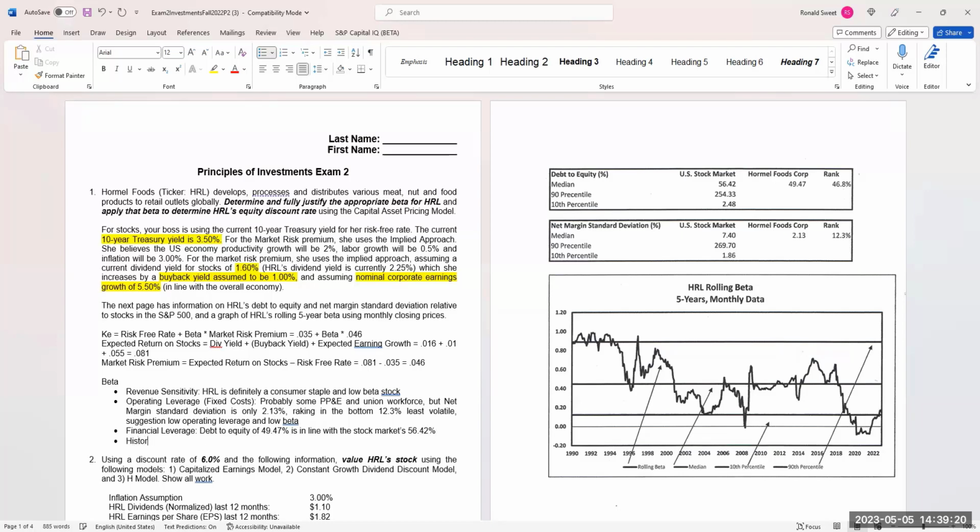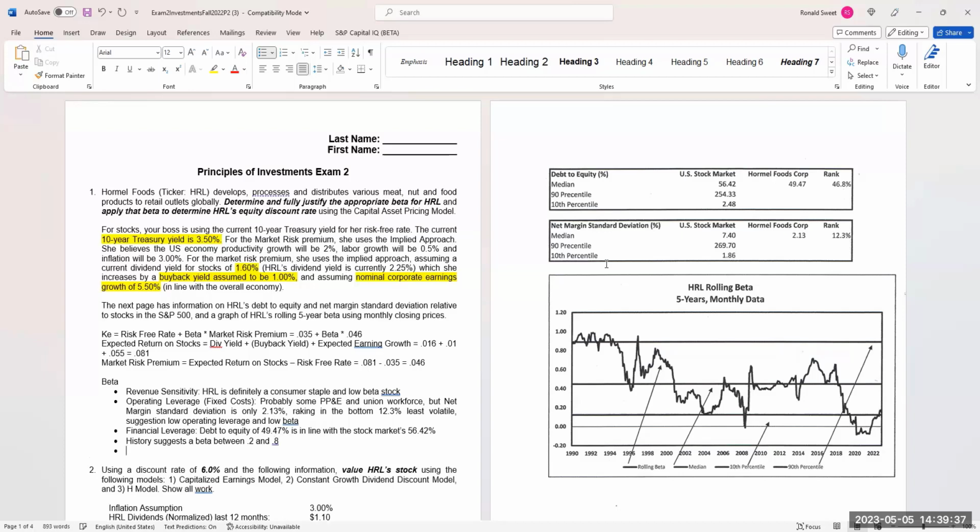And in history, the last one suggests a beta between, say, and this is somewhat subjective, say 0.2 and 0.8. A beta, and this again subjective, I'm going to say beta of 0.5 is consistent with all the above. So we'll use a beta of 0.5.